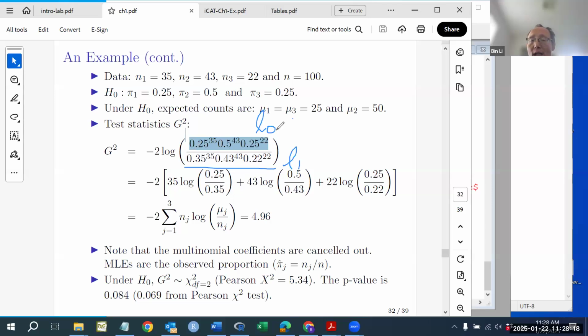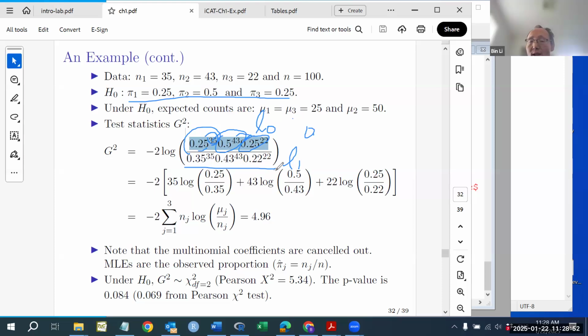Under the null hypothesis, we have the pi values. Is that right? So we have 35 observed from class 1. So that's 0.25 to the power of 35. Is that right? Times 0.5 to the power of 43. And times, that's the second class. And this is the third class. Right? Okay. Over this.